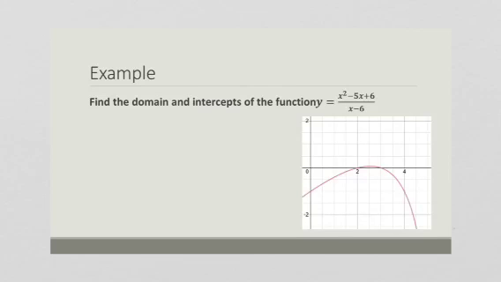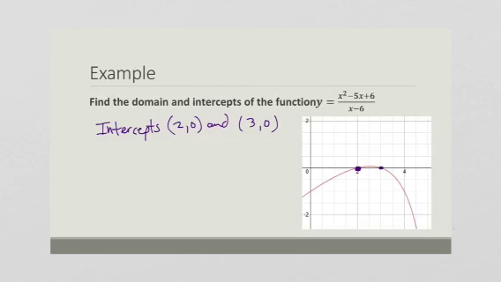So here's an example. Find the domain and intercepts of the function. I've given you a portion of the graph. You can also graph this on your own Desmos. And we would see that my x-intercepts happen at x equals 2 and x equals 3. So my intercepts are 2, 0 and 3, 0.